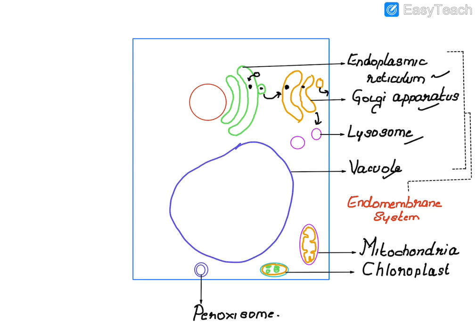So in the functioning of the endoplasmic reticulum, the Golgi apparatus, the lysosome, including the vacuole, any protein that should be stored will be sent to the vacuole, particularly in plant cells. All these cell organelles, their function has been coordinated. Such a system we call the endomembrane system.